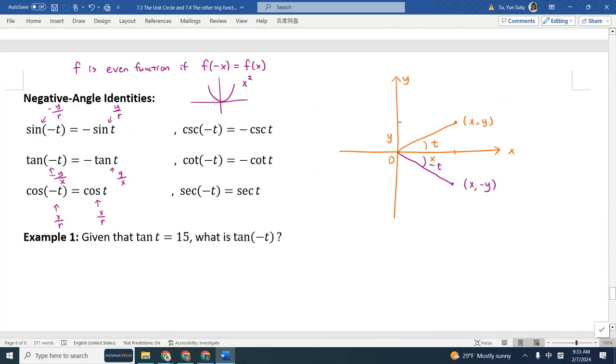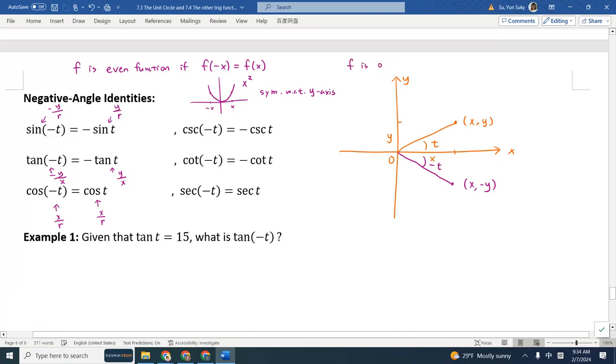This is x, and this is minus x. Do you see f of x is equal to f of minus x? They have the same value. This is an even function, and it is symmetric with respect to the y-axis. Okay, everybody? That's an even function, symmetric with respect to the y-axis.